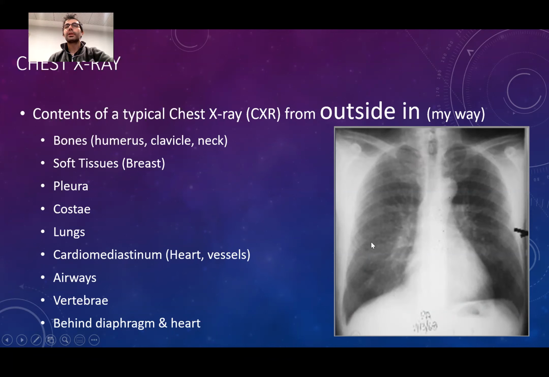I look at the costa, and after that I evaluate the lung areas. Then I look at the heart, I look at the mediastinum, I look at the airways, and I look at the bones, the vertebra. I never forget the apex of the lungs. And in the very end, I decrease the brightness of the image always to see if I missed something behind the heart or behind the diaphragm.